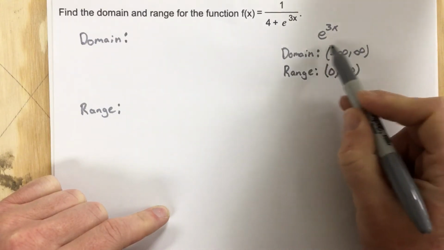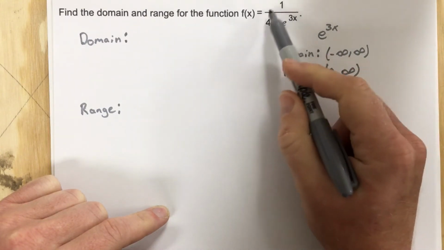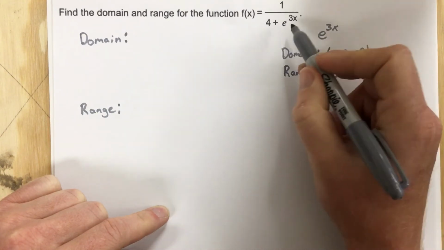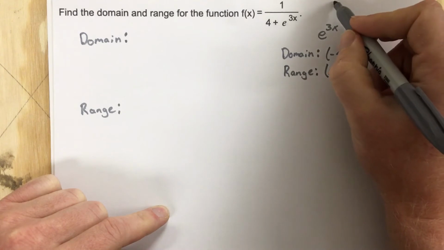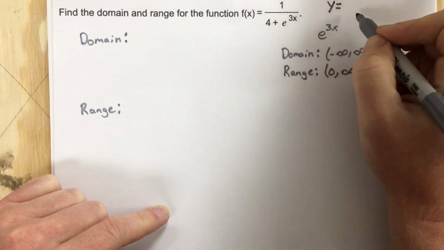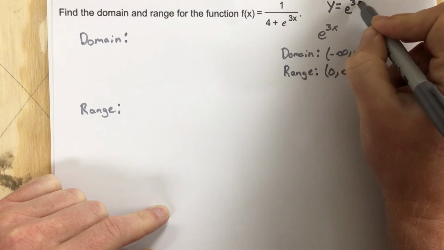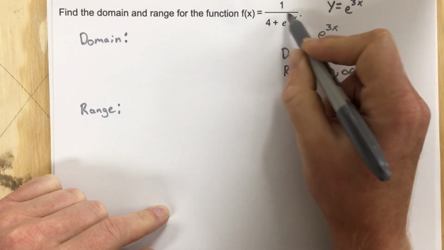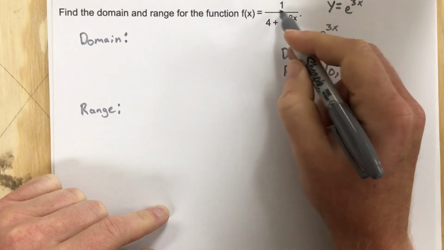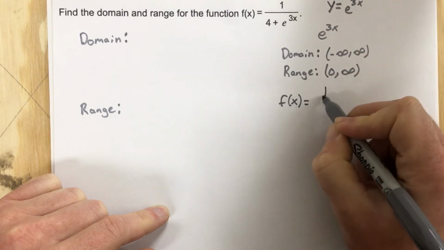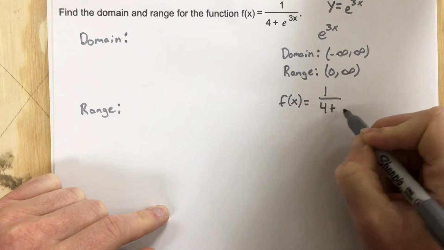Now, how am I going to use this with this rational problem? Well, let me say y equals e to the 3x, and then write this piece as f of x equals 1 over 4 plus y.